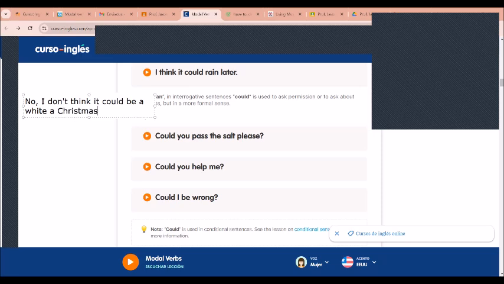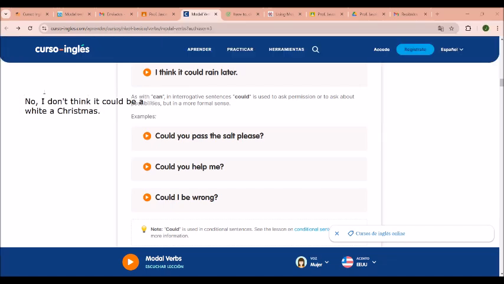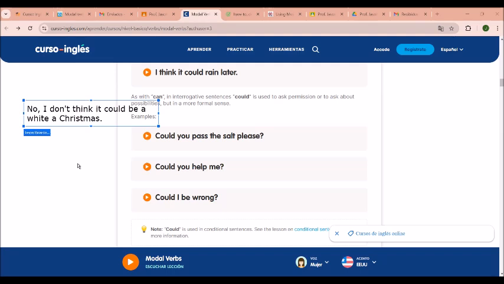All right. And when I say white Christmas, that does mean whether or not it will snow. Maybe it will snow in El Ajusco or even in Los Dinamos up in the mountains, but generally, Mexico City doesn't have a white Christmas. All right, practice with me, Scarlett. No, I don't think it could be a white Christmas. All right.